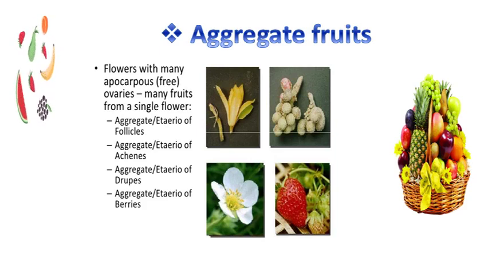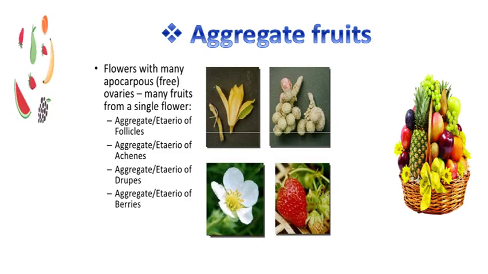The collection of simple fruitlets is called etaerio. So in aggregate fruits, a flower with many apocarpous carpels, means carpels are free from each other, or they have free ovaries, and many fruits are produced from a single flower. So the collection of simple fruitlets is referred to as etaerio or aggregate.